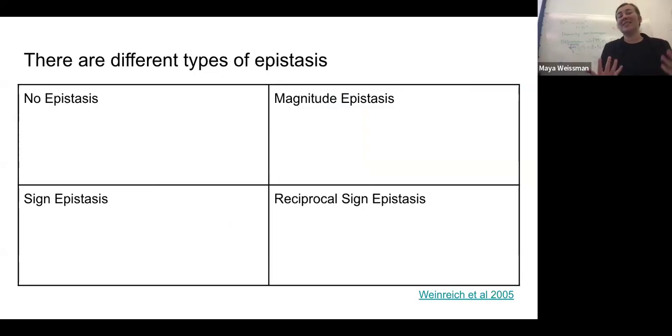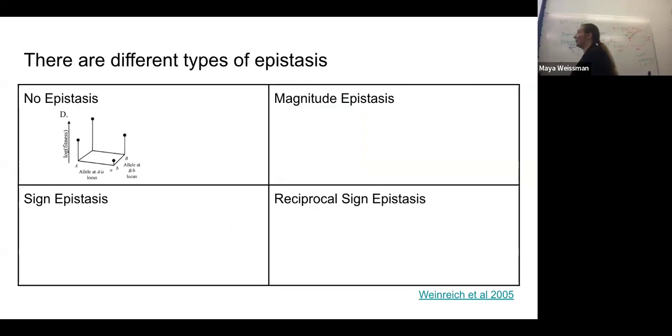There are 3 different types of epistasis that I was taught because my PhD advisor was this guy. But in the literature, you'll find others, and I'll explain some of the other terms in a second. So no epistasis, or magnitude or additive genetic interactions.